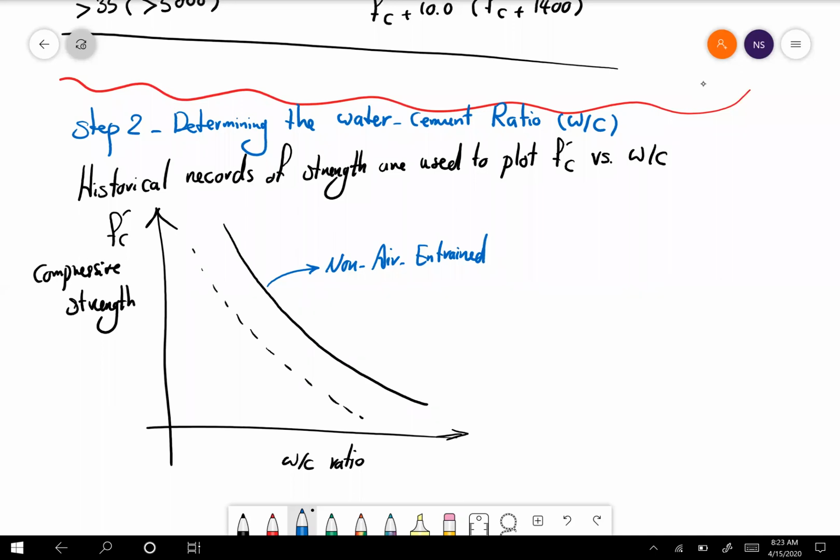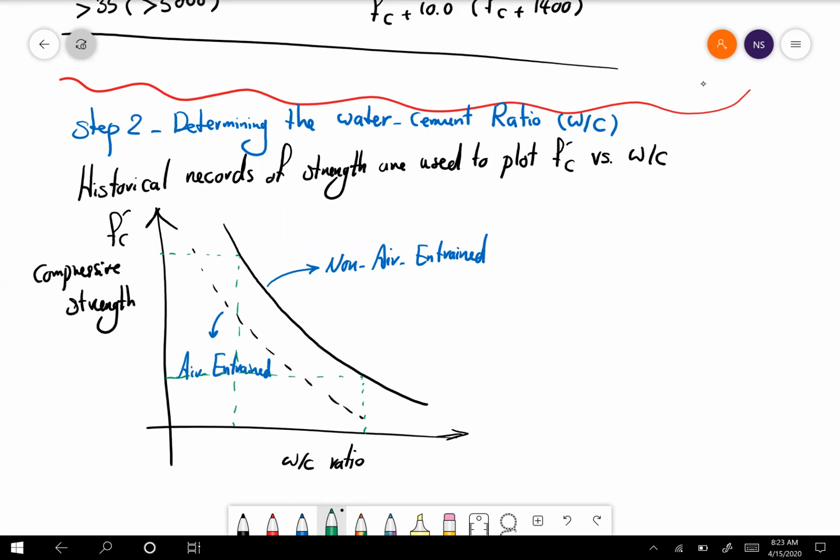And this is when you have air voids in the mix, so this is air entrained. And if we want to show the comparison, for this amount you have this much strength. If you have lower water to cement ratio, you have higher strength, right?